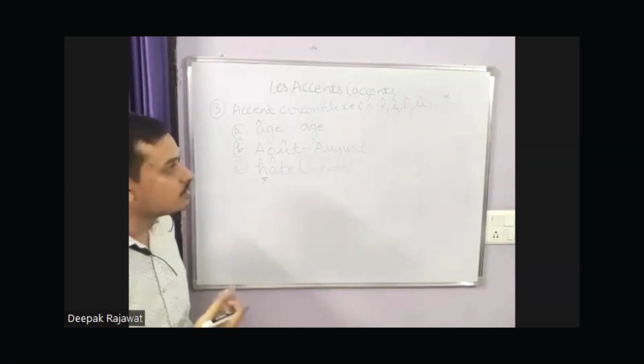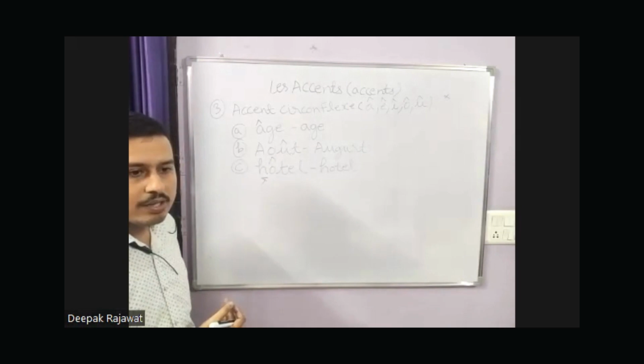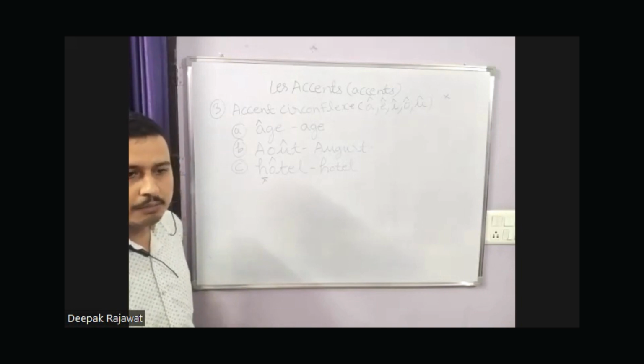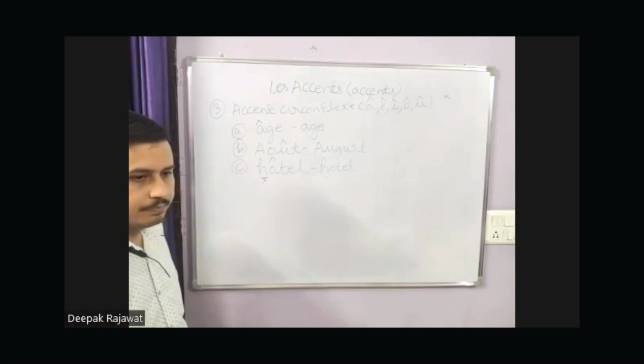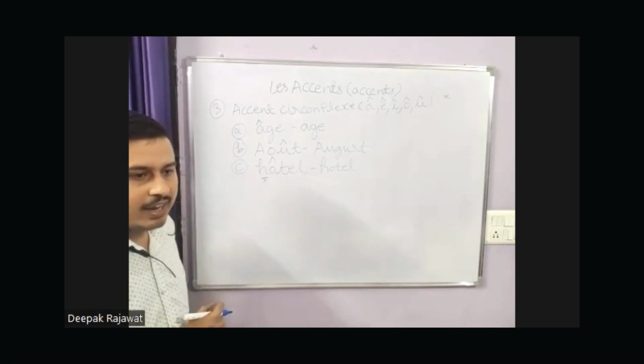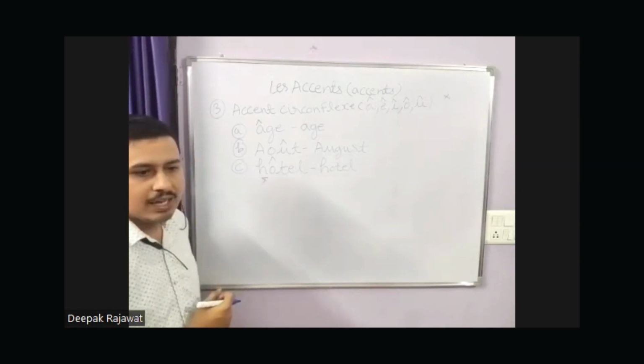Ê is E, Î is I, Ô is O and Û is U. So this accent does not affect the pronunciation. And here we have examples: âge, age. Août, August. Hôtel, hotel.